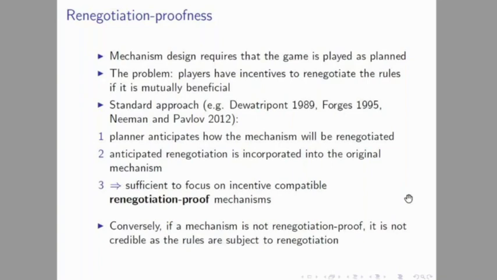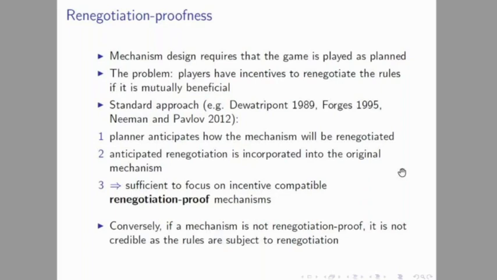So if there is this incentive to renegotiate, the whole incentive compatibility structure breaks down, and we don't know what's going to happen afterwards. So that is the reason why it is safe to focus on renegotiation-proof mechanisms, which are not subject to renegotiation at the ex post stage. For any other mechanism, we don't actually know what's going to happen within the mechanism.